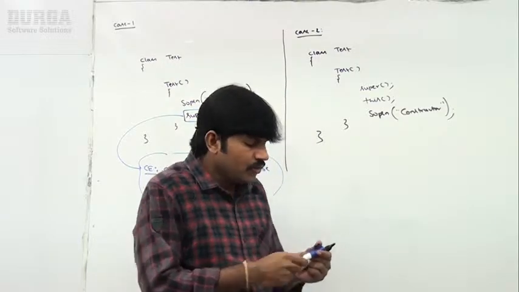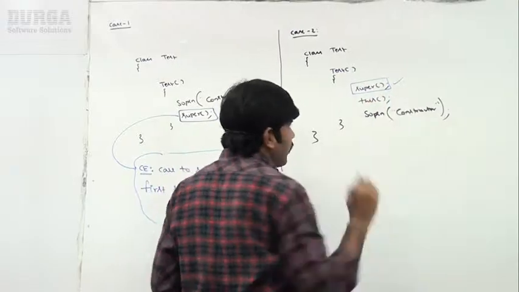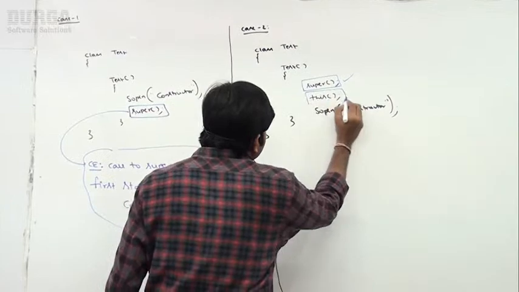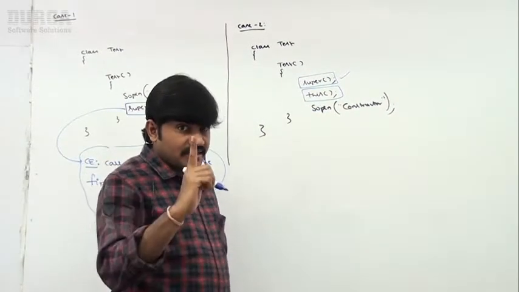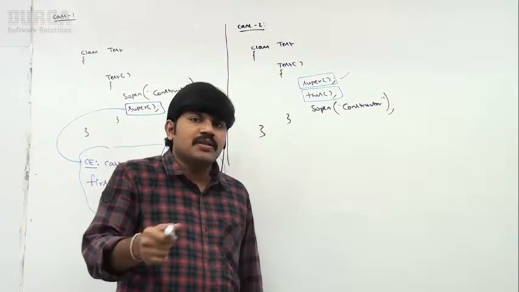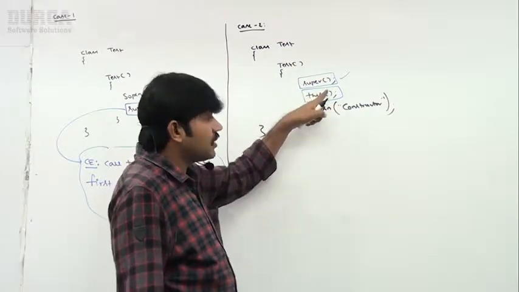Only in the first line. Sir, in the first line, super: wonderful, valid, no problem. But this, where are you taking this, sir? In the second line. In the second line, this is not allowed. If you want, you have to take this only in the first line. But in the first line, you already took super. That's why you can't take this.